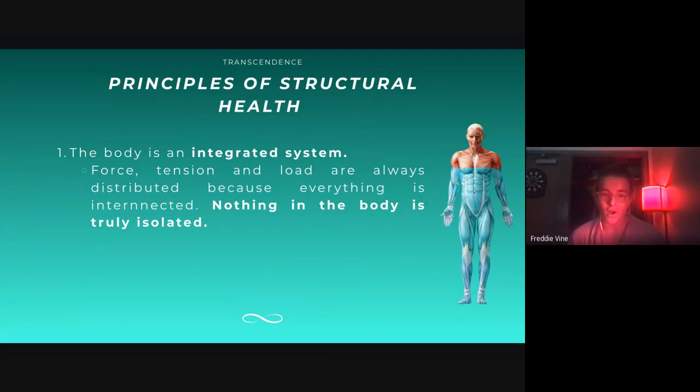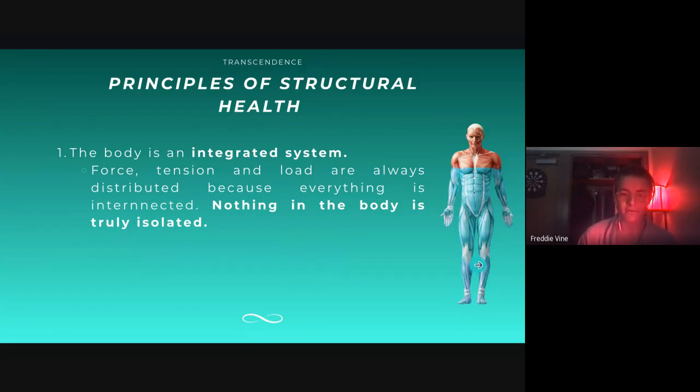If you're looking at your calves, for example, you think it's an isolated area of your body, when in reality everything is extremely interconnected. And as it says here, force, tension, load are all going to be distributed throughout the body no matter what. Nothing in the body can ever really be isolated. This is a really important principle, and you'll see why as we go, but I just want to introduce it.